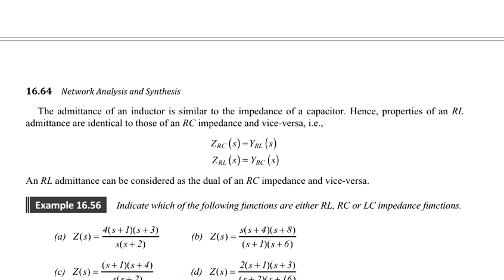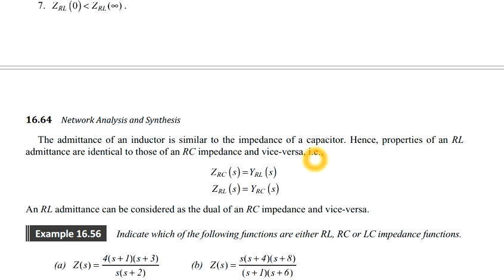It means ZRC of S is nothing but YRL of S, and ZRL of S is nothing but YRC of S. So with this, we can say that an RL admittance can be considered as dual of an RC impedance and vice versa. Vice versa means an RC admittance can be considered as dual of an RL impedance as well. This is an important point to note here.